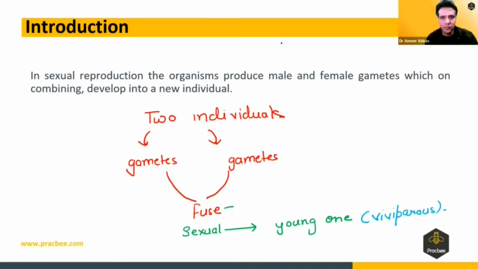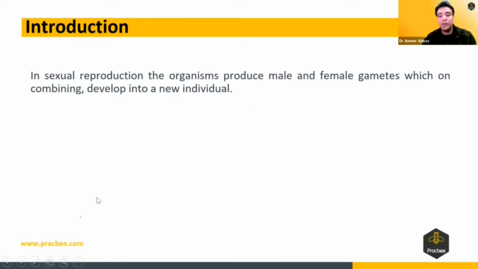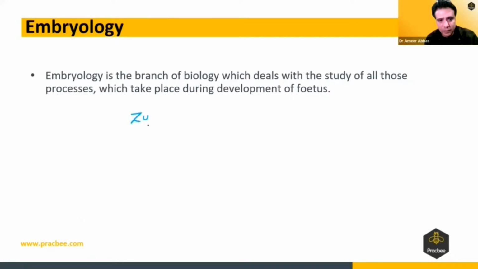Okay, so let's move on to the next slide. What is embryology? Whenever the fusion occurs, it will lead to the formation of a zygote.